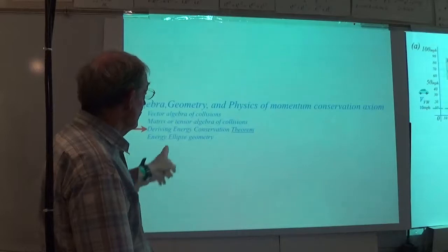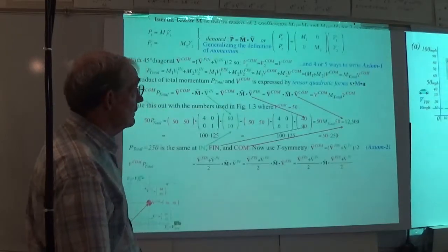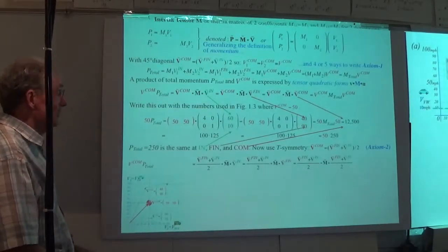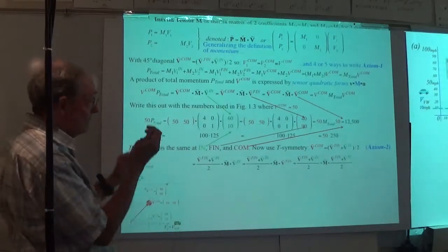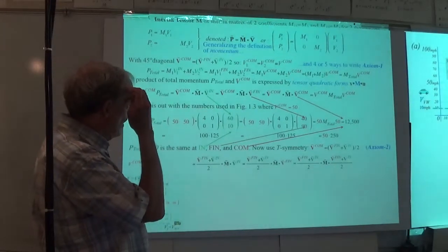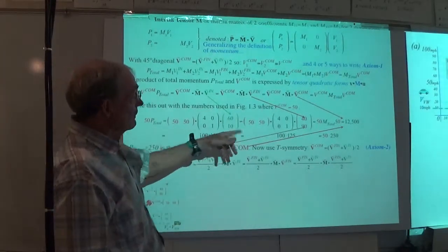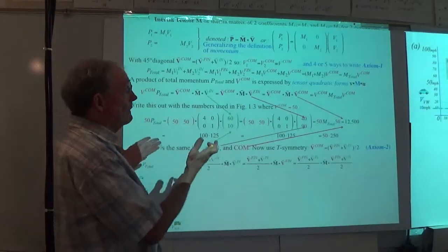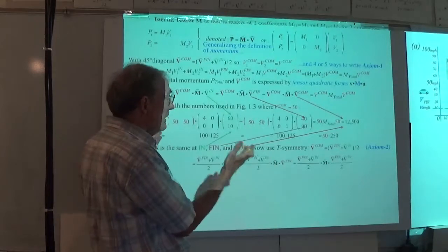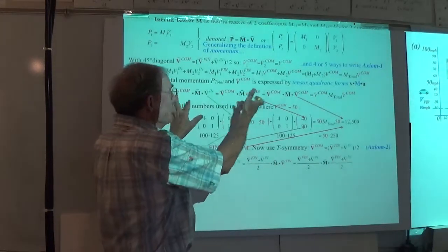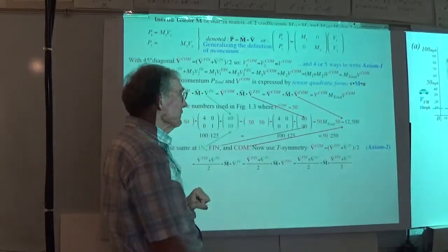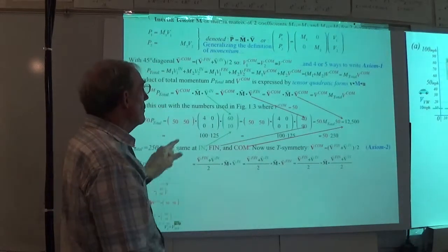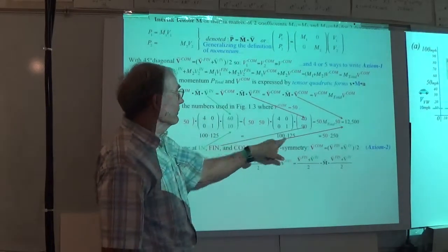All right? And then the geometry of that is the geometry of the ellipse, which is very interesting. So let's see how that comes about from playing with these matrix quadratic forms. Okay? And what this bookkeeping way lets you do is each time you do an algebraic manipulation of some type, you go ahead and work it out just to see if it's adding up.